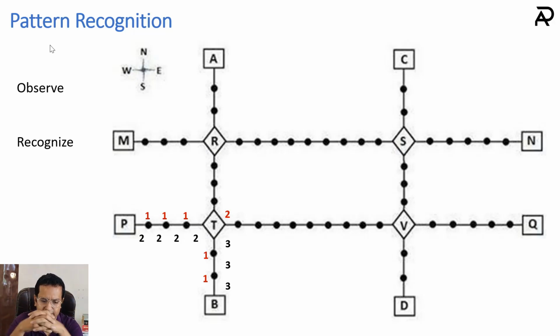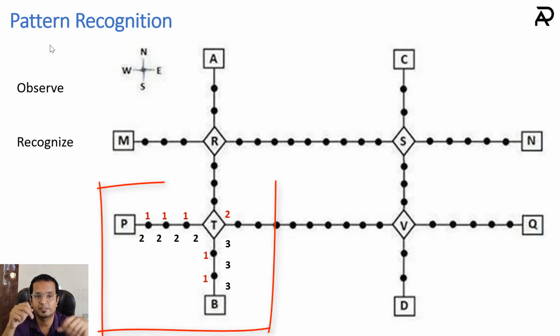So when we observe these, we see that this difference of 2 on the east-west line will always remain 2. That is a constant. And the waiting time will always remain 1. Okay. Similarly, in the north-south line, we see that among stations 3 minutes and waiting time of 1. These are things which are constant. This is the pattern which will get repeated. It will only change depending on one variable, which is the number of stations in between.